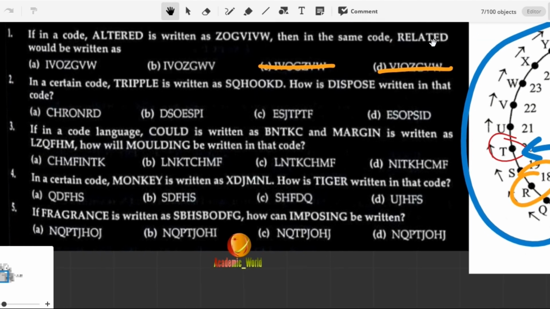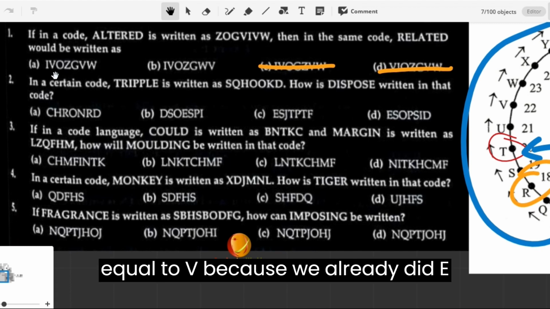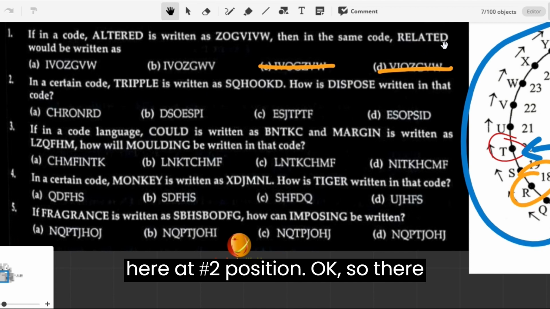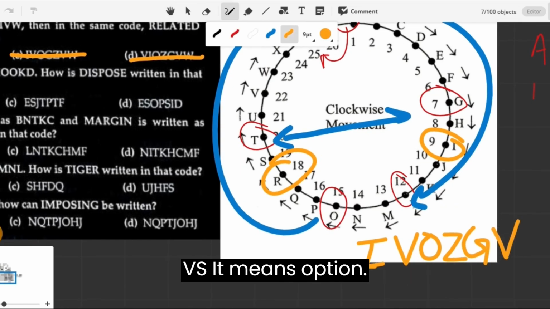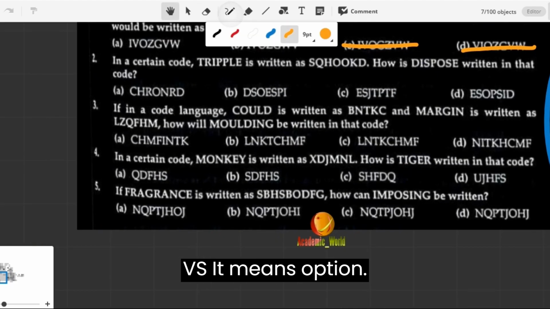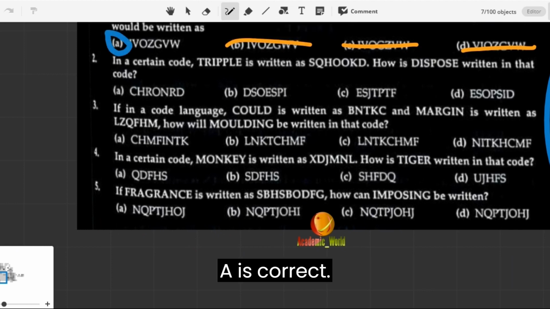For E, we know E is equal to V, because we already did E at the second position. So it should be second last, that is V. This means option B is not correct, only option A is correct.